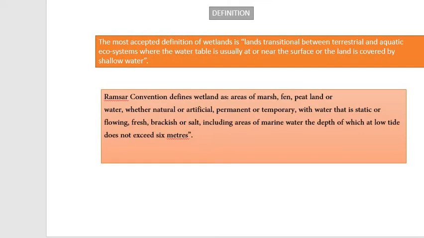So, we are now very much clear about the definition of a wetland.